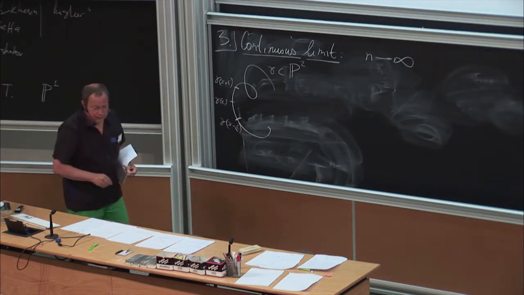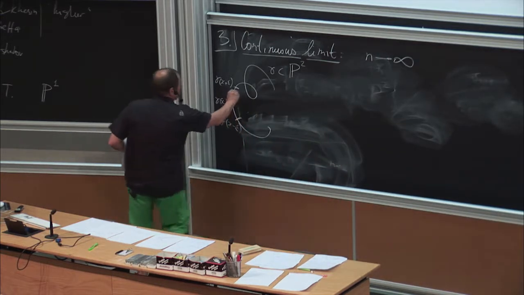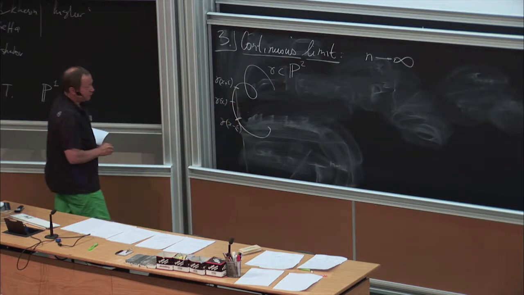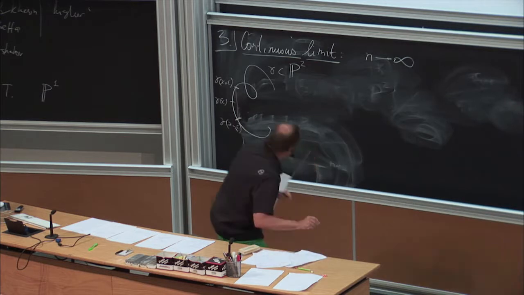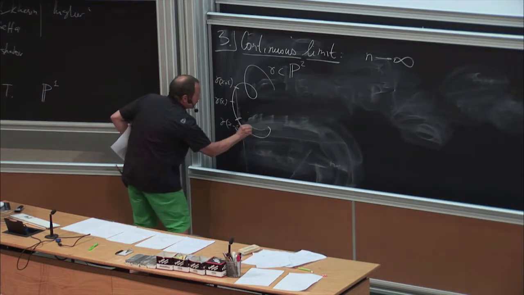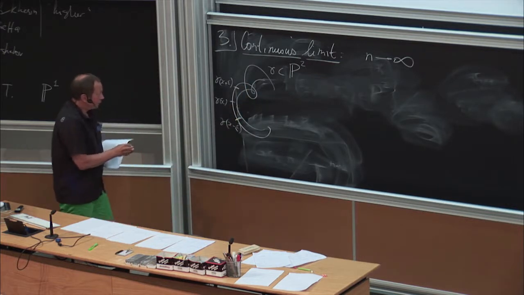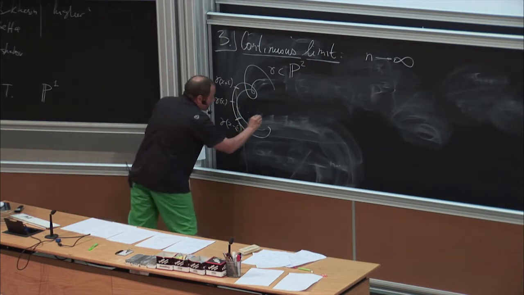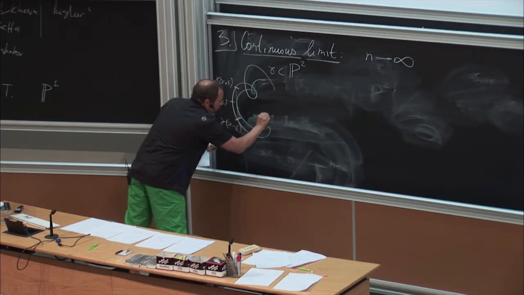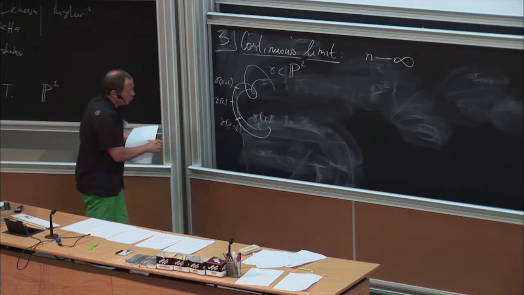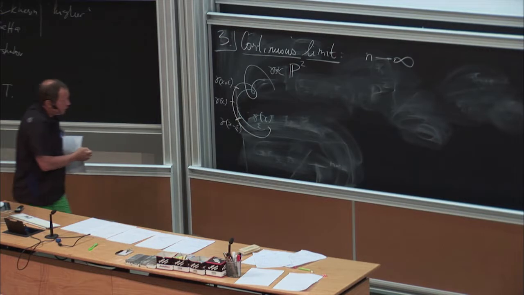Then I draw a chord, and I take the envelope of all my chords, so I get another curve that I denote gamma epsilon. So this gamma epsilon is a new curve, also parameterized.